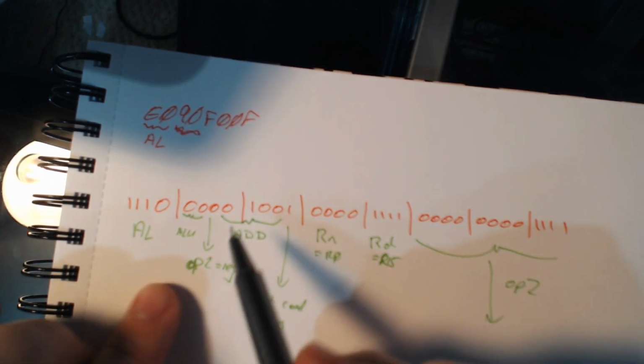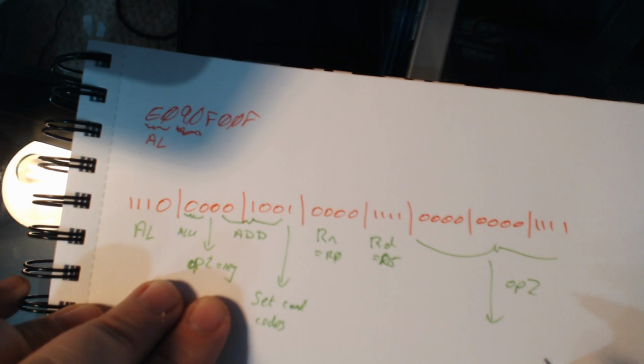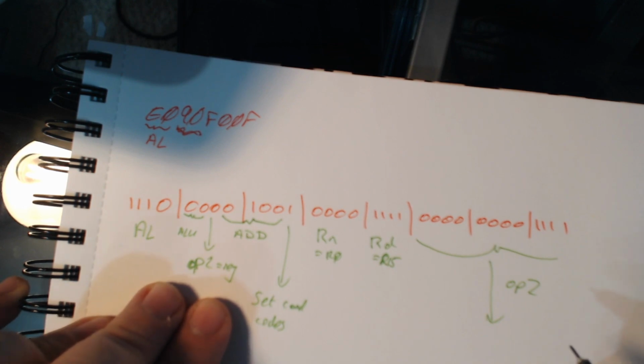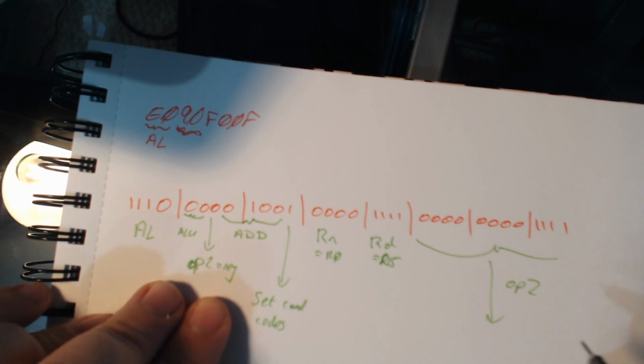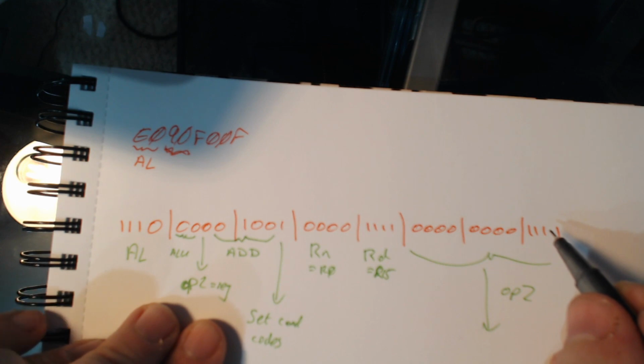Operand 2 is a register. So that means we have Rm.